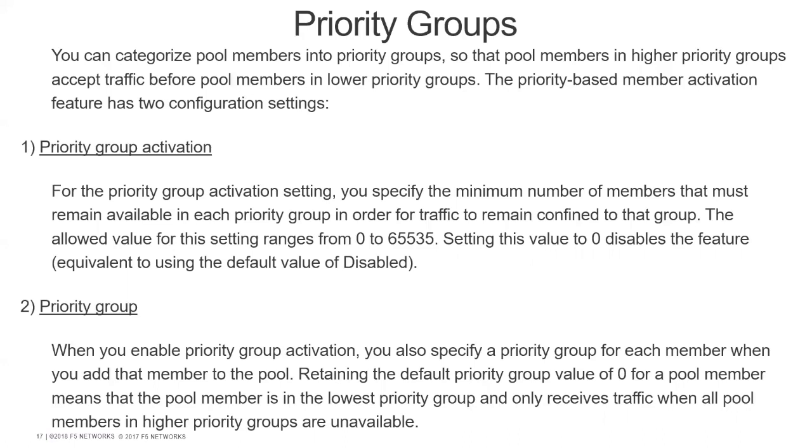For this setting, you specify the minimum number of members that must remain available in each priority group in order for the traffic to remain confined to that group. And then the priority group itself. When you enable this, you also specify a priority group for each member when you add that member to the pool.